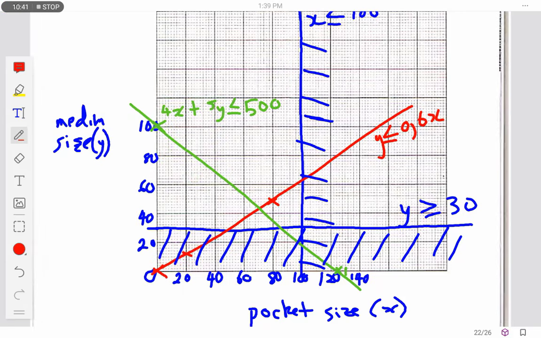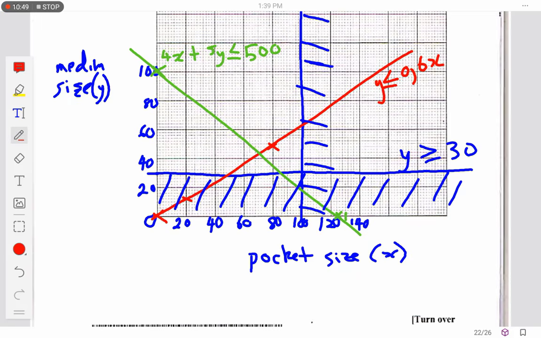Then for my red line, y is less or equal to 0.6x. So what you do when you have such an equation is this. You take any point either at the top here or at the bottom. So I'm going to take this point here, 80 and 40 and 60 there.